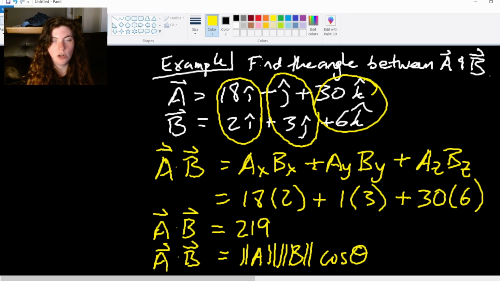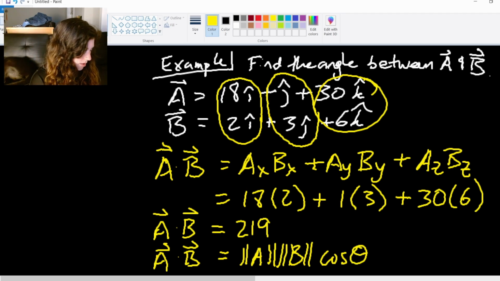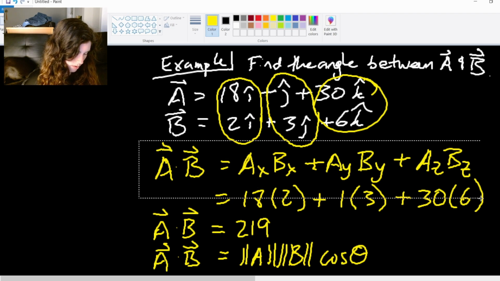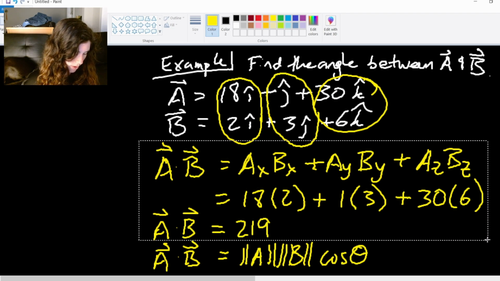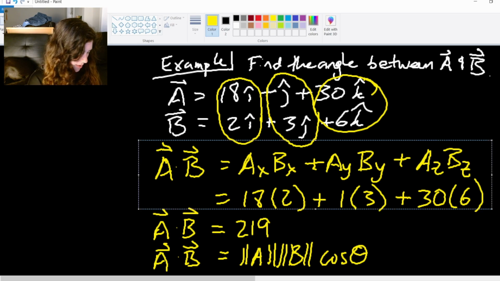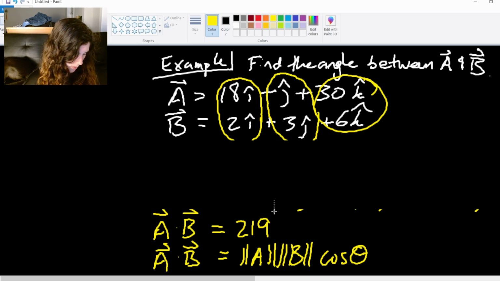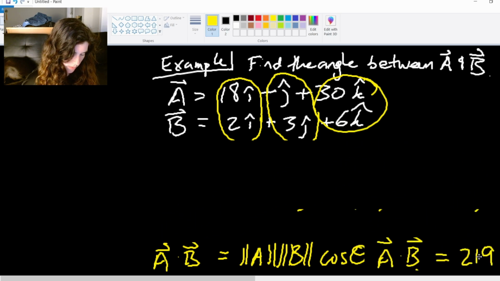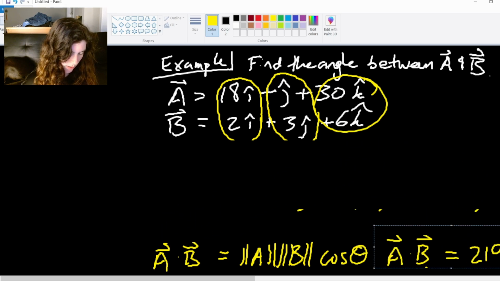It's essentially just our Pythagorean. Okay, we know A dot B is 219. Let's move him down here. A dot B is 219. All right, we can find our magnitudes.